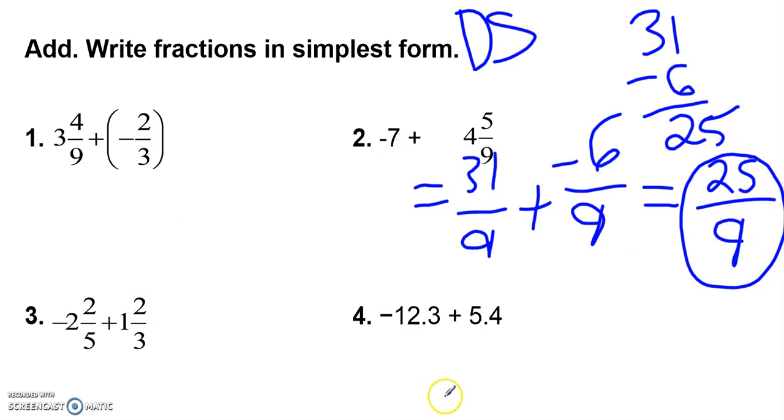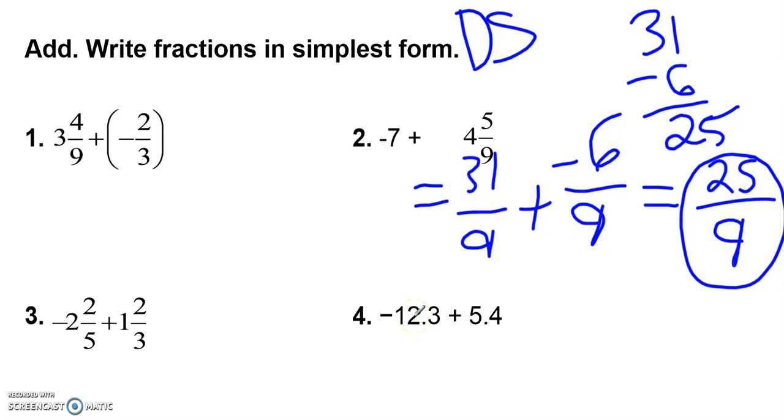Okay, so now I'm going to skip these because number 2 and 3 are very similar to number 1, and we're going to go ahead and look at number 4. So when I look at this, I get confused. There's decimals. I don't like that. So I'm going to make it a fraction by looking at the placement of the decimal point.